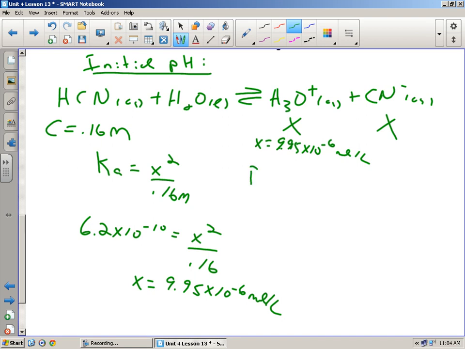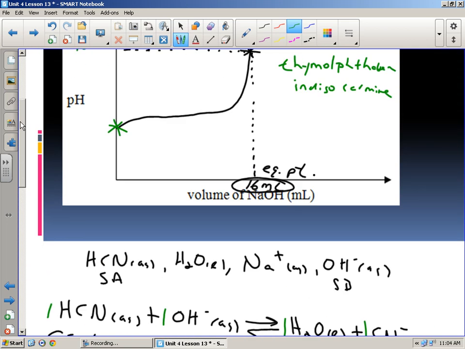So the pH here would work out to be 5.00 actually. Exactly, 5.00. Okay. Now I can go back up to here and put in my 5.00. That's where this pH would start. So that would be the initial. That's what you guys would have done the other day. You put the pH meter in before you added anything else. You started with the initial pH at 0 milliliters. That would have been 5.